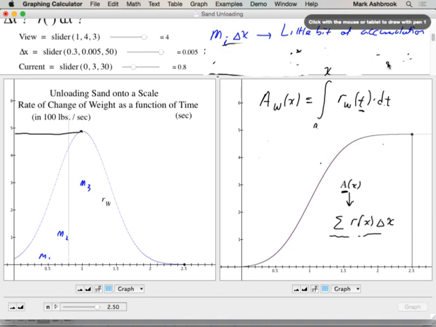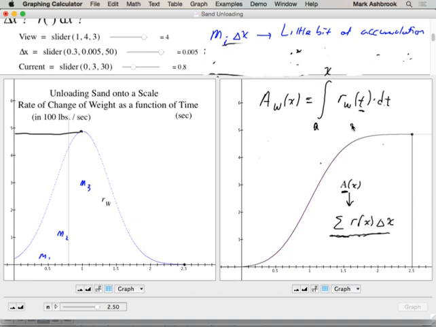Yeah, so summing up little bits of change, that's true, but even more foundational underneath that is what? For both the approximate rate of change down here and the exact rate of change, what is our key underlying idea?